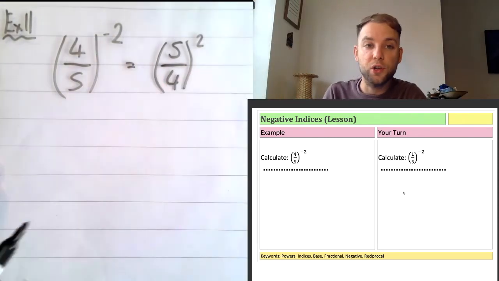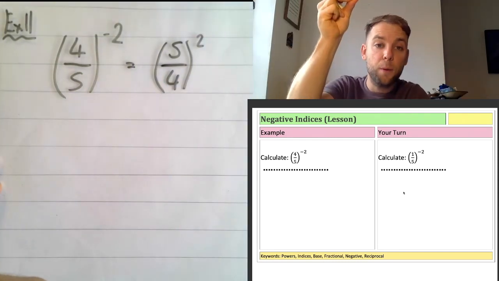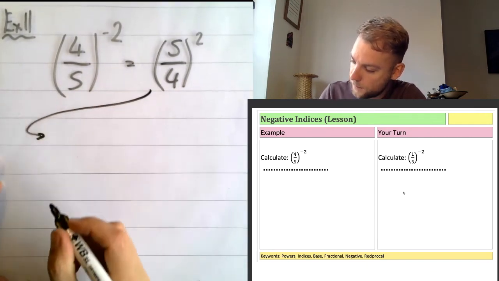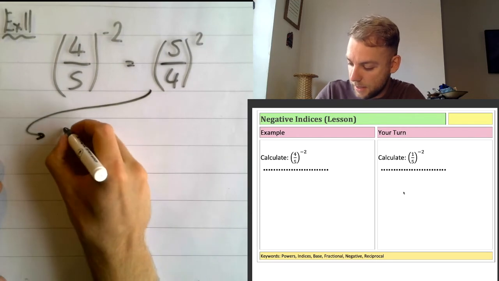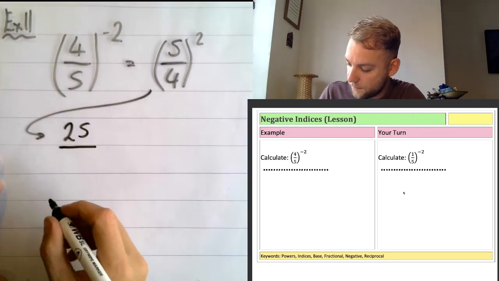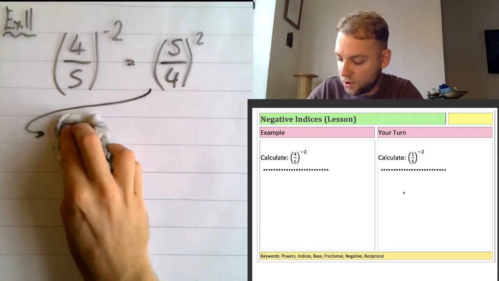Now the power of 2 means I square the top and I square the bottom. So when I'm doing this one, 5 squared is going to be 25 all over 4 squared. In fact, I will write that step in just so you've got it.